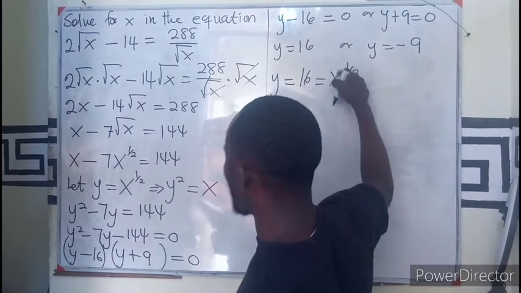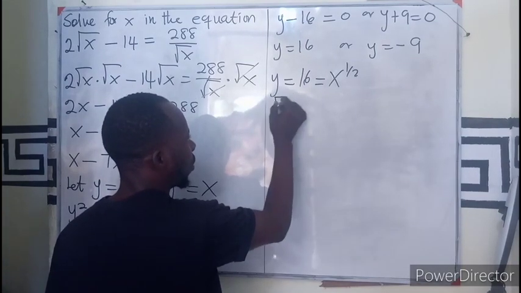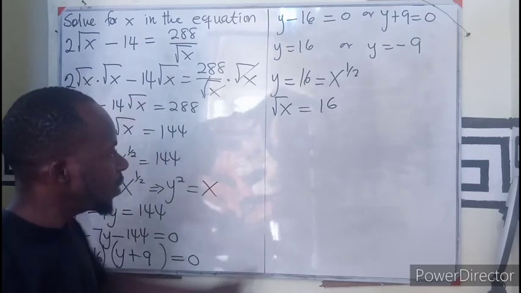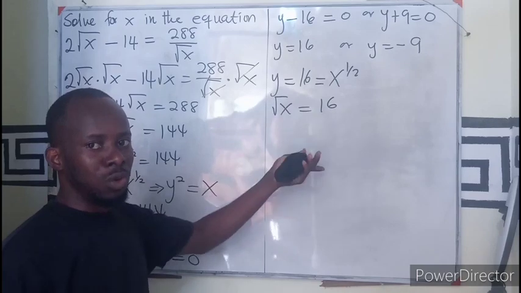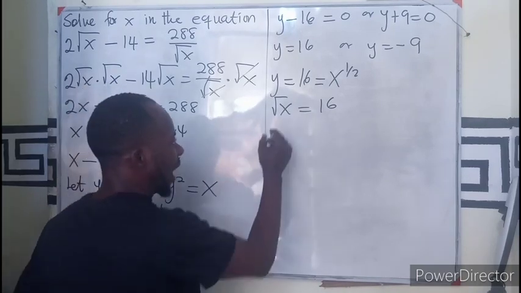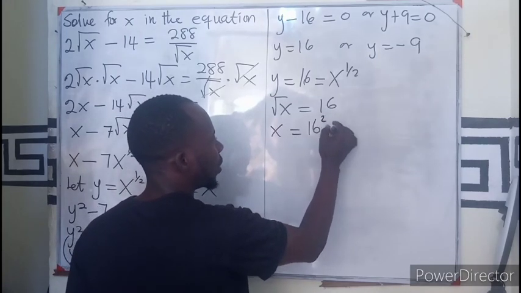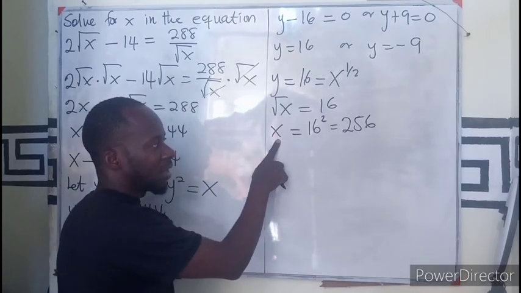So this could be square root of x equals 16. How do we clear this? If you find the square root of both sides, you will still get the square root, so you square both sides. If you square both sides, x will be equal to 16 squared, which will be 256 as your answer.